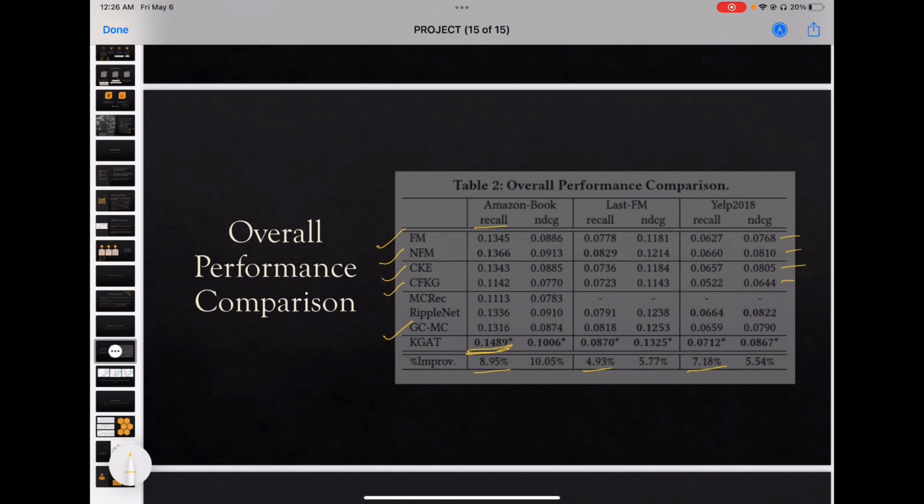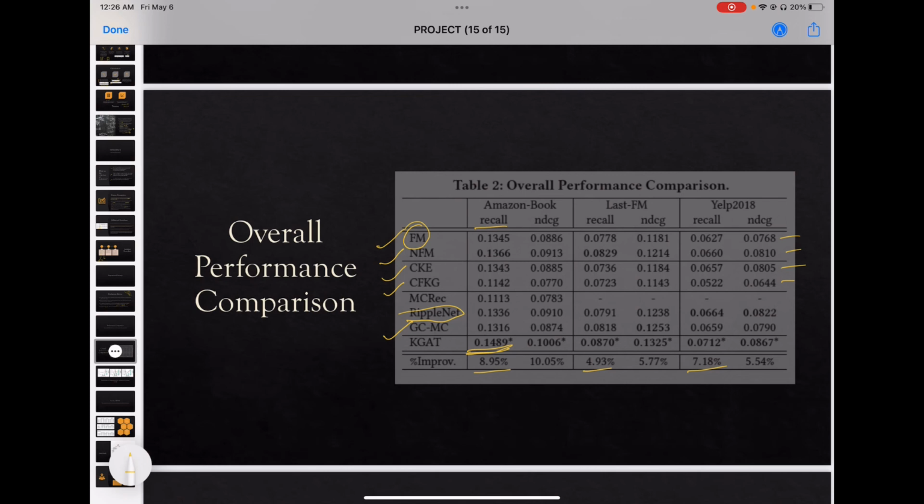Now, compared to FM, the performance of RippleNet verifies that incorporating two-hop neighboring items is important to enrich user representations. It therefore points to the positive effect of modeling the high-order connectivity or neighbors.